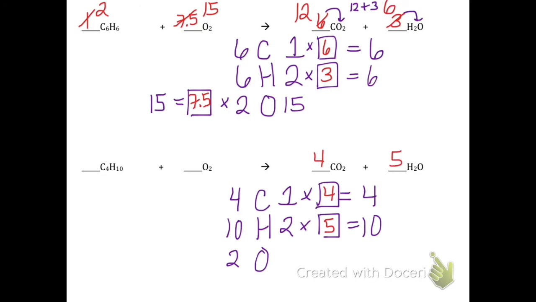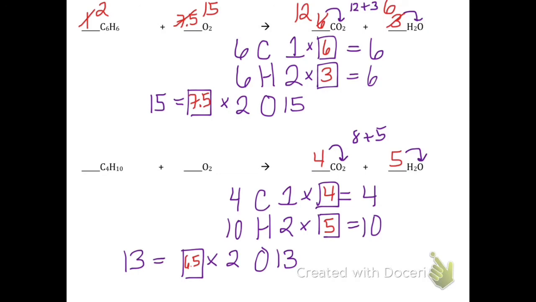Now I'm going to count my oxygens. Okay, 4 times 2 is 8, plus 5 times 1 is 5, which gets me to 13. Now, 2 doesn't evenly get into 13, but I can sort of force it. What is 13 divided by 2? It is 6.5. 6.5 times 2 is 13.